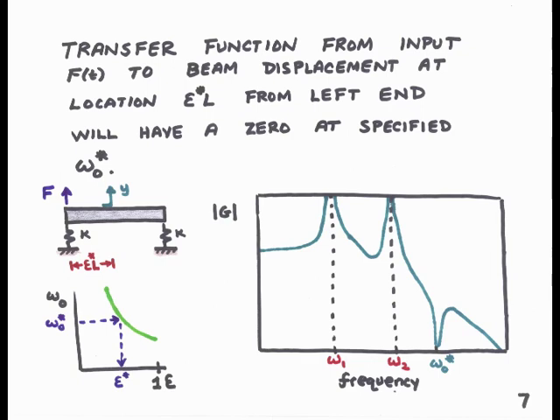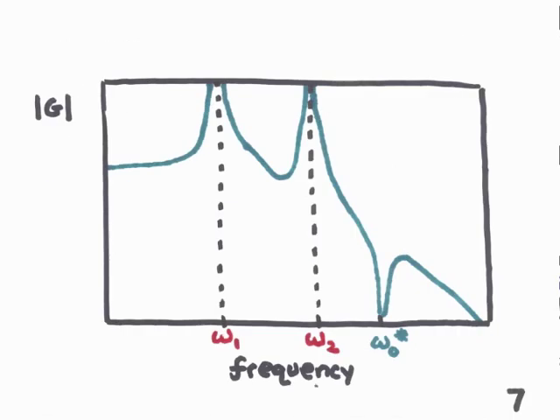So the transfer function between the input F and the output y at epsilon star times L away from the left end of the beam would have a pair of zeros at plus and minus j omega 0 star. So we'd see that the frequency response plot would look like this, with omega 0 star being the specified value.